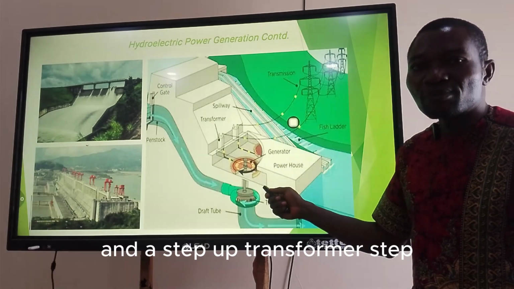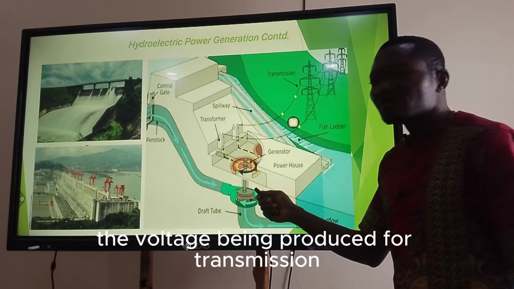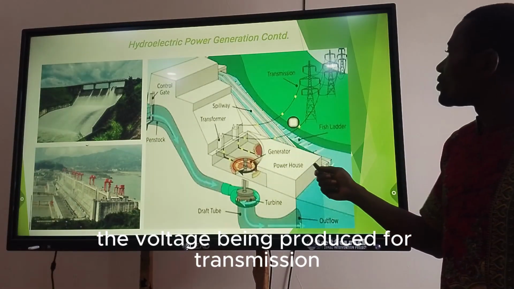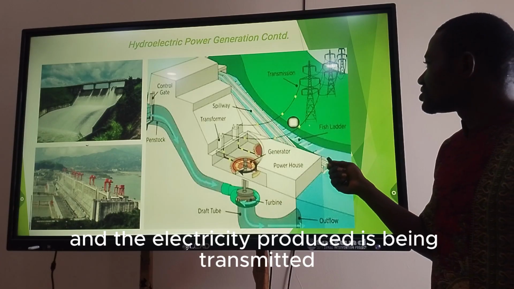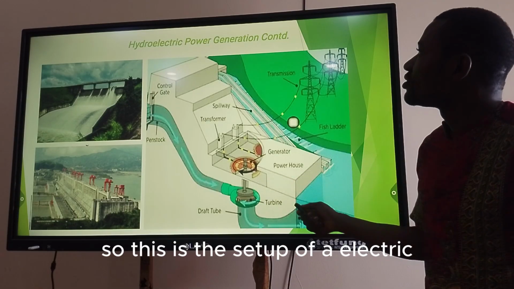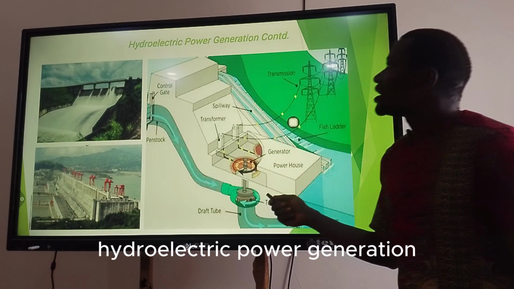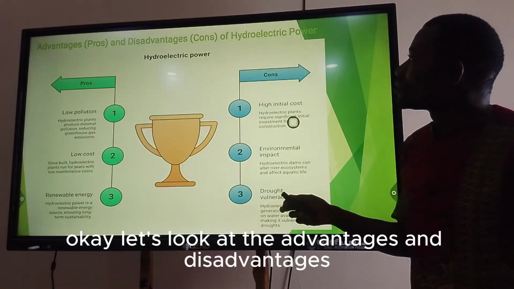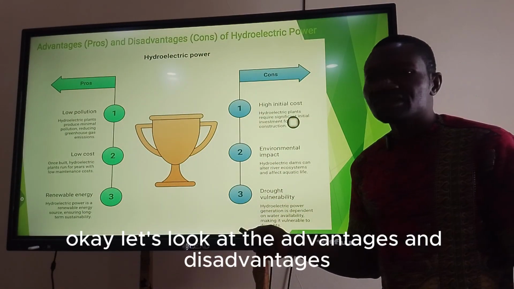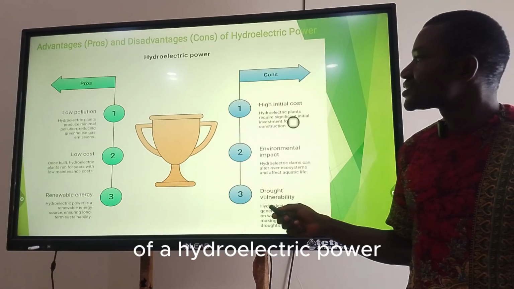A step-up transformer steps up the voltage produced for transmission, and the electricity produced is transmitted. So this is the setup of hydroelectric power generation.